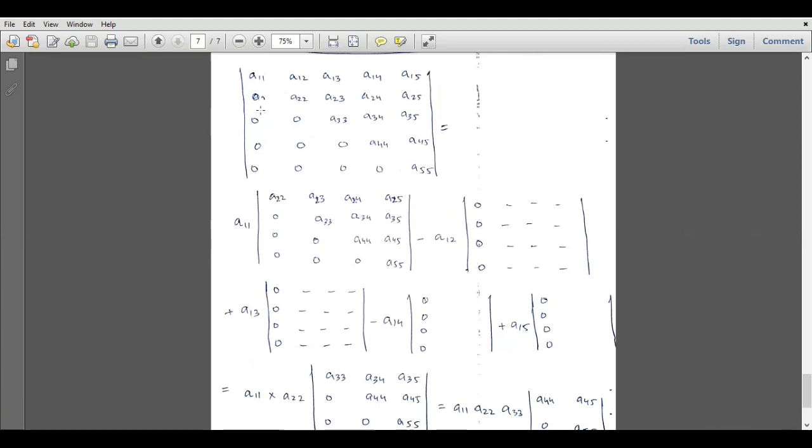So this is our original matrix, and the determinant of this matrix can be written as A11 times the determinant of this matrix minus A12 times the determinant of this matrix. So in this matrix, we can see entire left column is equal to 0, plus A13 times the determinant of this matrix minus A14 times the determinant of this matrix.